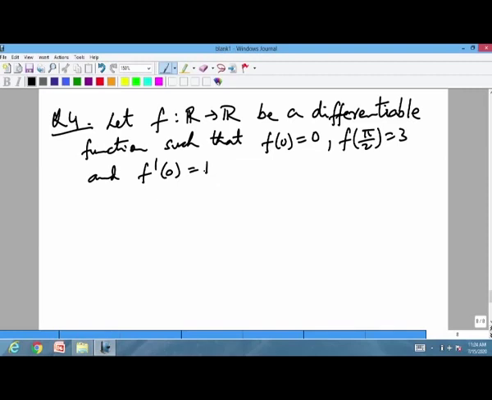So, we are given a differentiable function whose values at 0 and pi by 2 are given, and f prime of 0 is given.